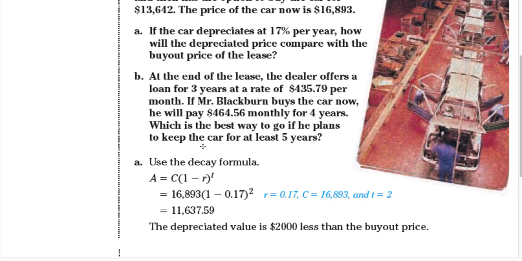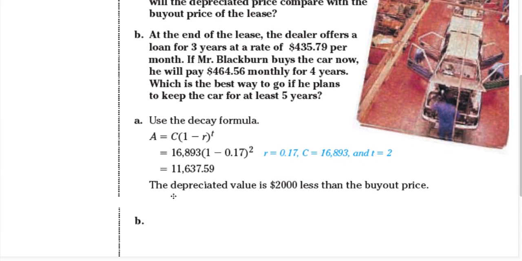But if you want to buy the car, it will still be at 13,642. So you can see this is the value of the car after 2 years, but this is the price they are still asking from you to buy the car. Okay, so that's the reason why it says the depreciated value is 2,000 less than the buyout price.